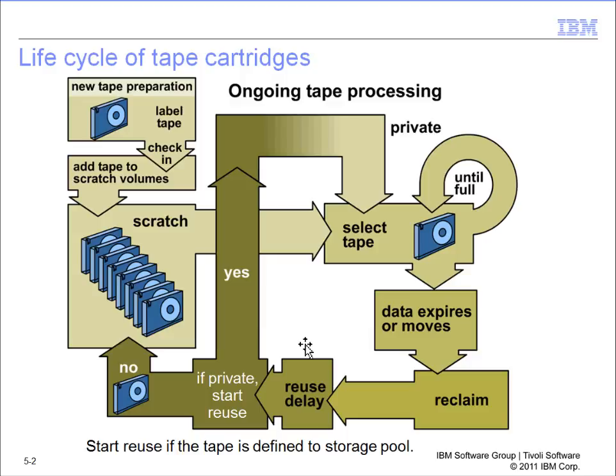Yes, the data on the tape is not valid, but it could still be accessed. So do you want to overwrite it right away, or do you want to delay it for 3 days? Let's delay it, make sure we don't really need it, then add it back to either a private or a scratch pool. So that's the life cycle of a tape cartridge.